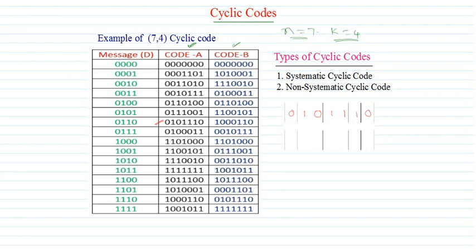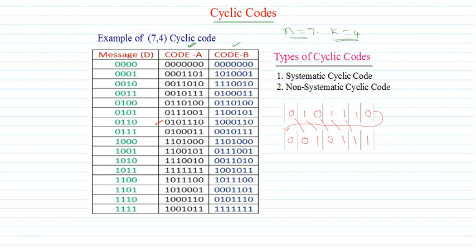So let us see how I am giving the cyclic shift. I am shifting this last bit to the front, so this 0 comes here. This 1 will come here, this 0 will be here, this 1 will shift to here, this 1 will shift to here, and this 1 will shift to here.